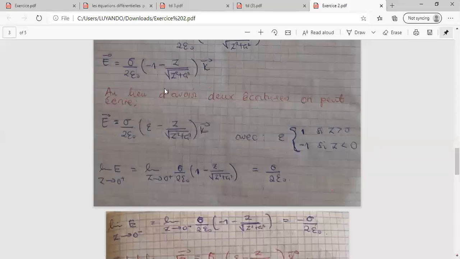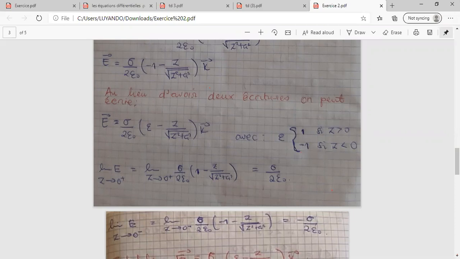For z greater than 0 we had 1, and for z less than 0 we had -1, so they replaced the -1 and the 1 by a small e. So e is 1 if z is greater than 0, and -1 if z is less than 0.